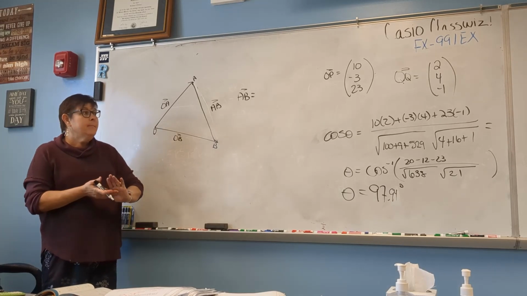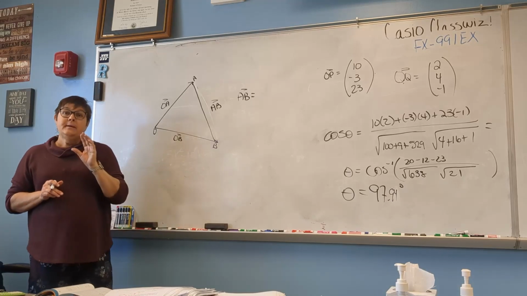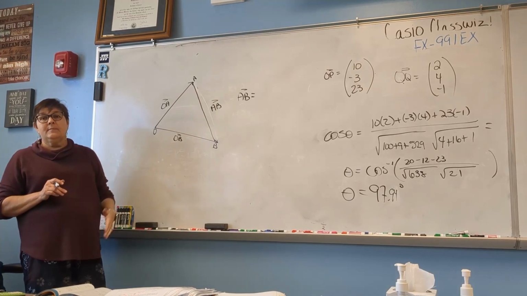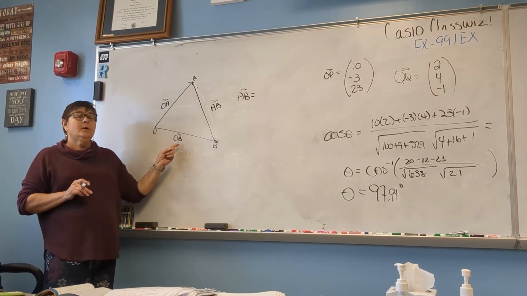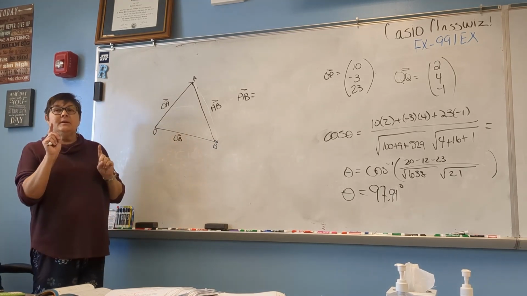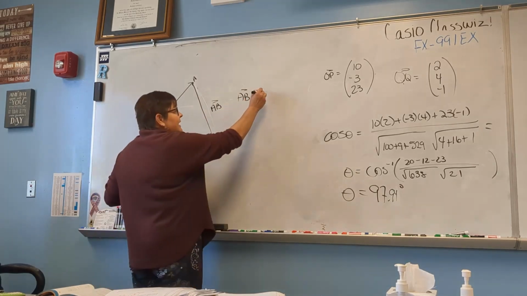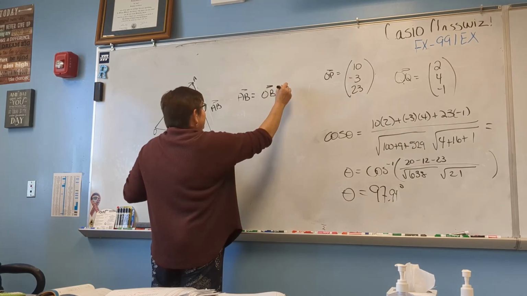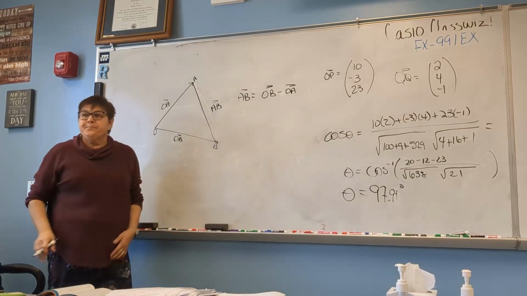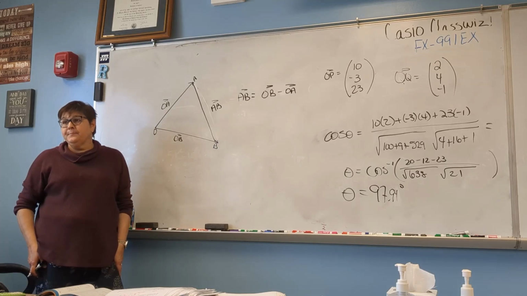What is my vector AB? Always think of the last guy that happened. The last guy is B, so you start with the last thing. It's OB minus OA. That's the formula for that.